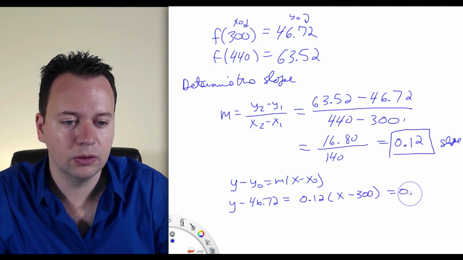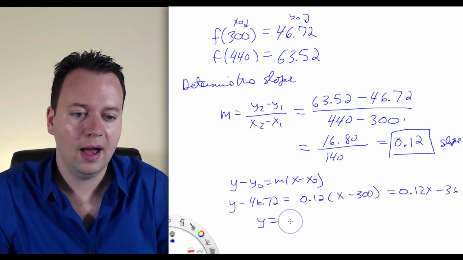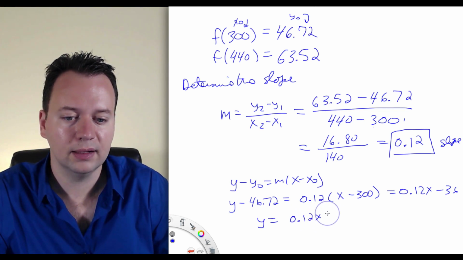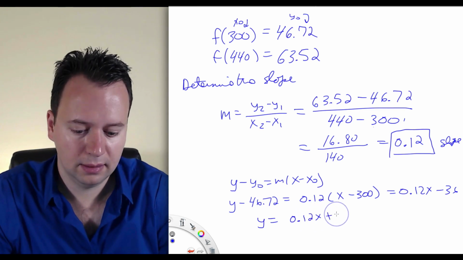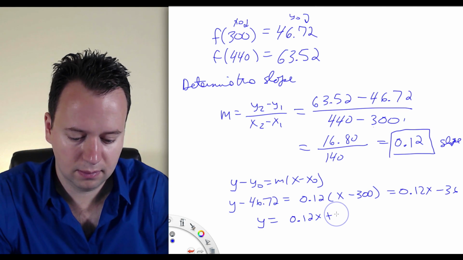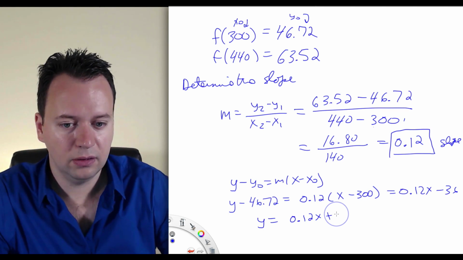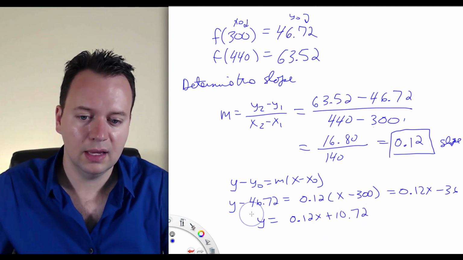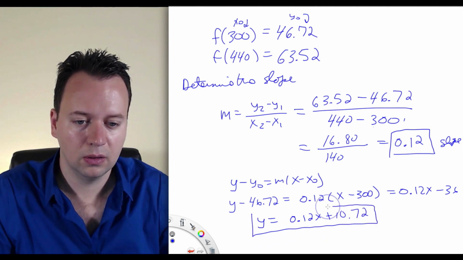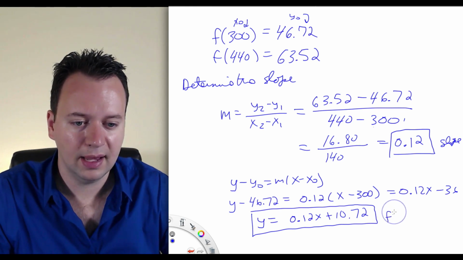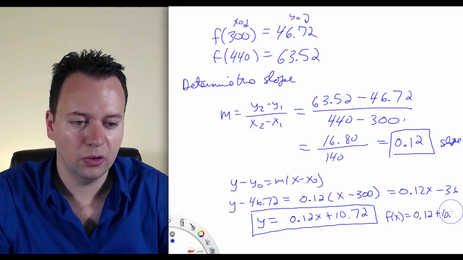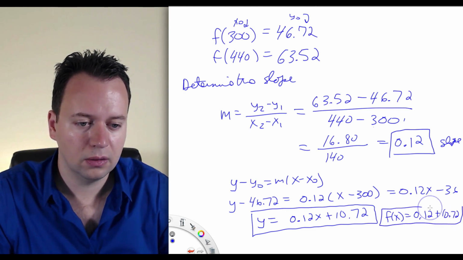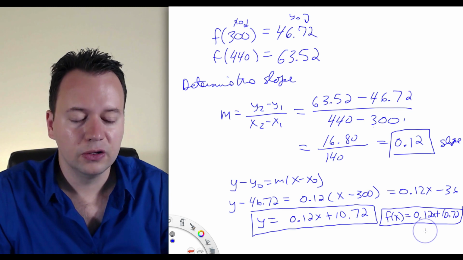So this is equal to 0.12x minus 36. Therefore y is equal to 0.12x plus 10.72. So this is the function, or we can also write it as f of x is equal to 0.12x plus 10.72. So what does this represent?